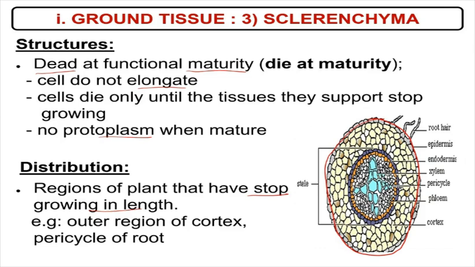Jadi sclerenchyma tak sepatutnya ada kat tempat yang muda-muda. So cari tempat yang dah keras dan juga dah tua. Jangan carilah dekat tengah-tengah, dekat dalam cortex ni. Paling dekat dengan vascular tissue akan jumpa sclerid, ataupun dekat epidermis.